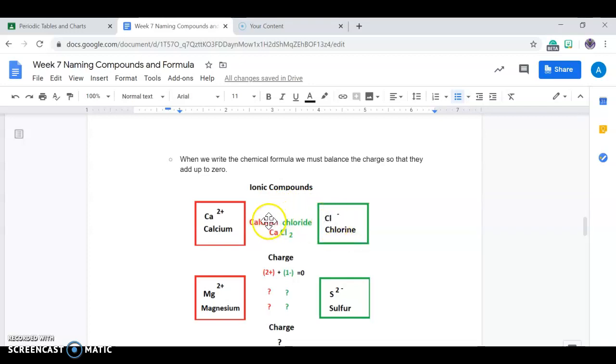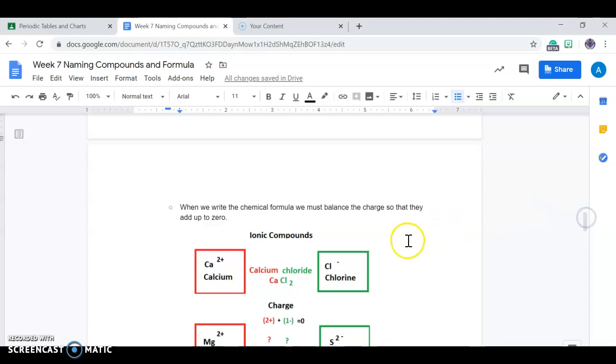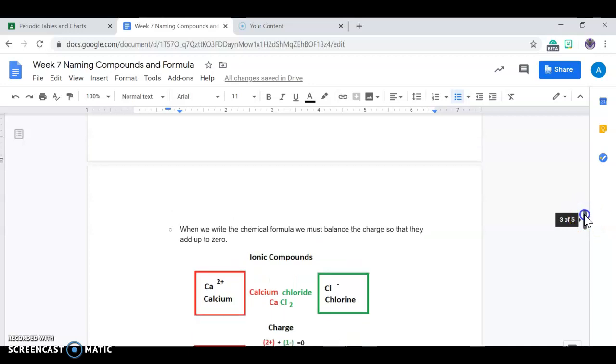Okay, so I go to calcium chloride. All right, so if I had sodium and chlorine, it would be sodium chloride, which is salt. If I had magnesium and fluorine, it would be magnesium fluoride. Okay, so we just add that IDE.